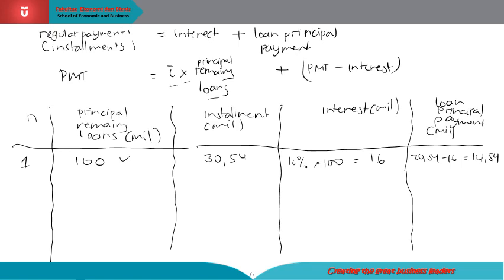Okay, so basically this 16 is the income for the bank. Our payment actually is only 14.54 out of 30.54.